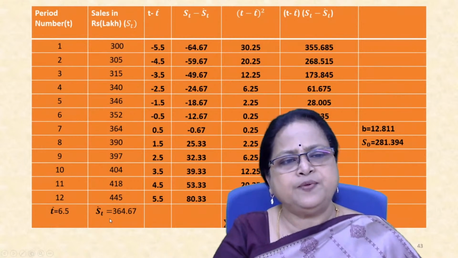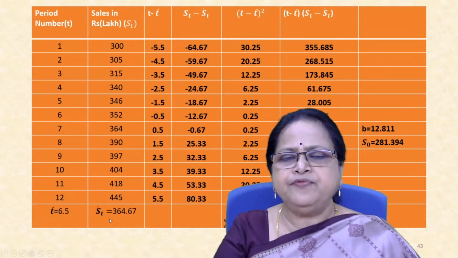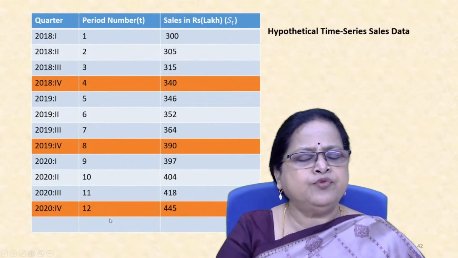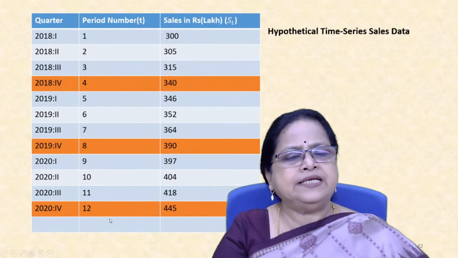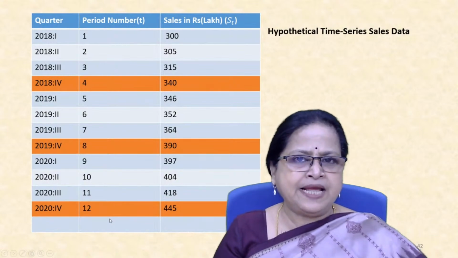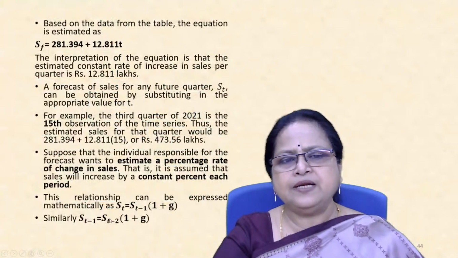Year wise, quarter 1 is 1, quarter 2 will be 2, quarter 3 will be 3, quarter 4 will be 4, and then 2020 quarter 1 will be 5, quarter 2 will be 6, and so on. So you are going to get 12 time periods. These are actually T.